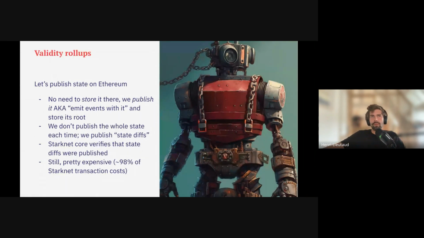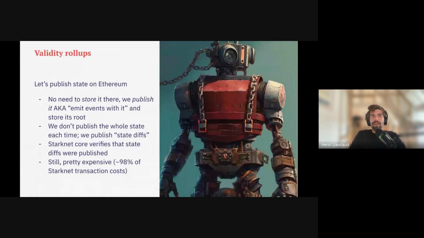Right now, I think it's 98% of the transaction cost, which is kind of crazy when you think about it. Because if you divide the price of storage on Ethereum by 10, the cost of data is still close to 90% of your transactions, which is mind-blowing, right?